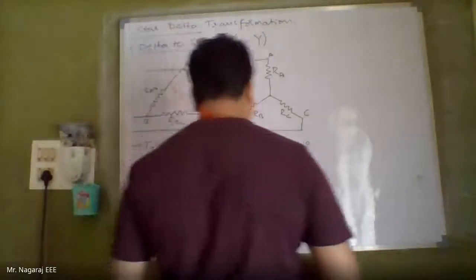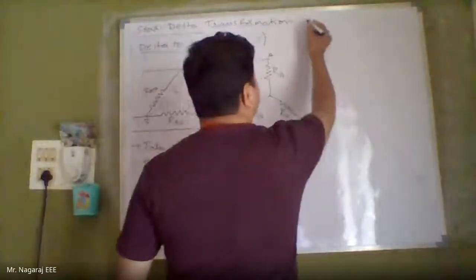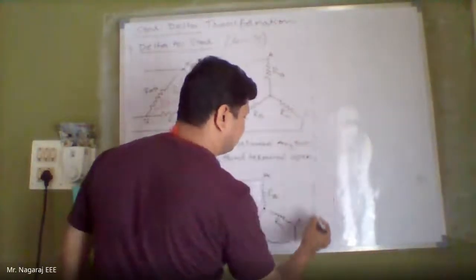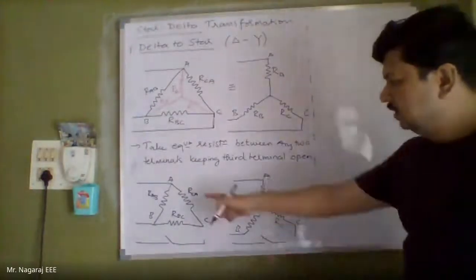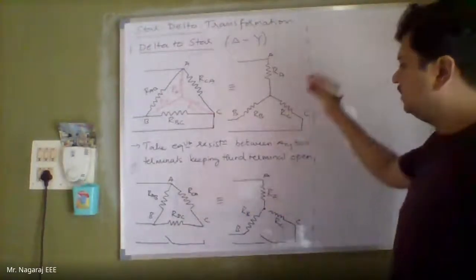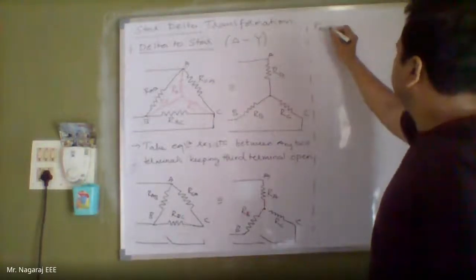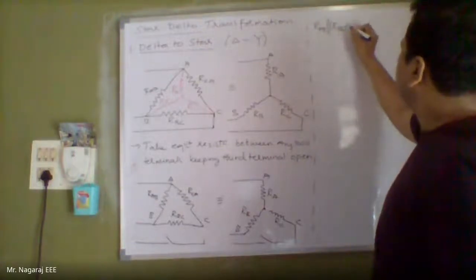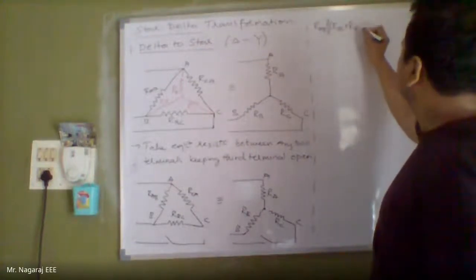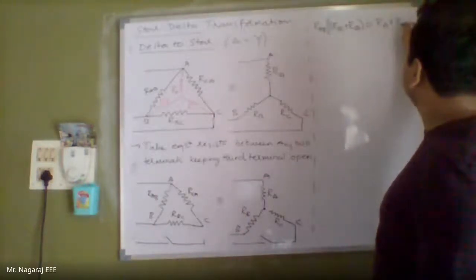So what I can write here is, now the equivalent in delta is RAB in parallel with RBC plus RCA, which is equal to RA plus RB.